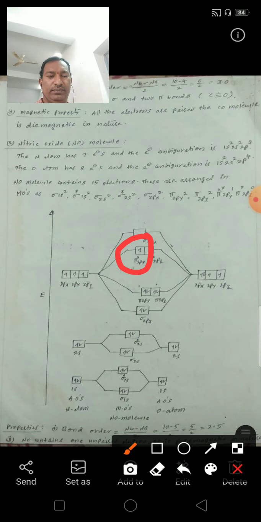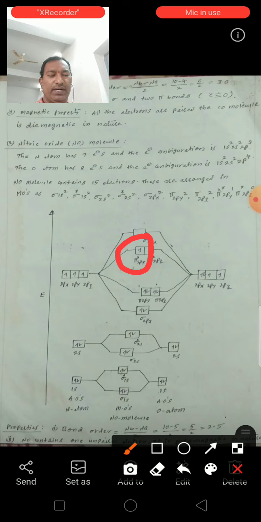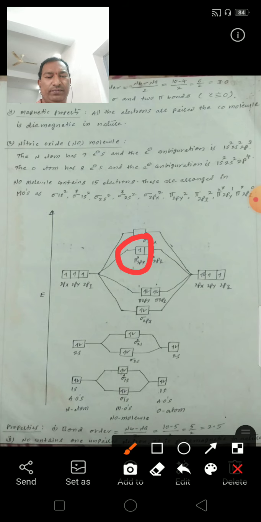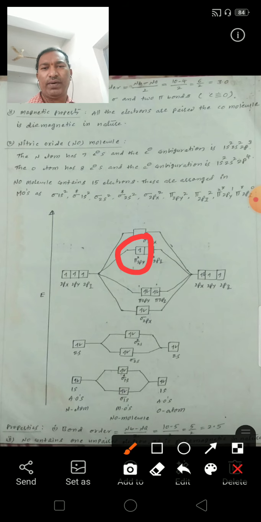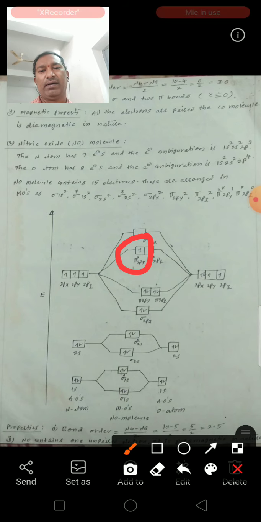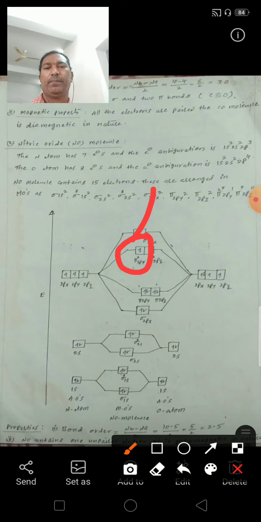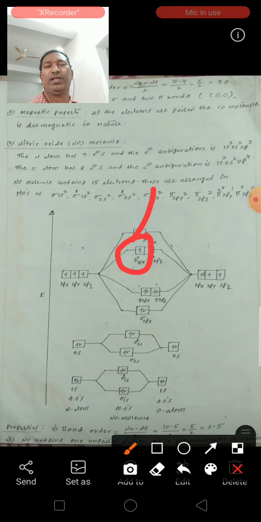So next, properties. For bond order, we know the bond order is 2.5. And the magnetic property: the NO molecule contains an unpaired electron in the pi star 2py molecular orbital.